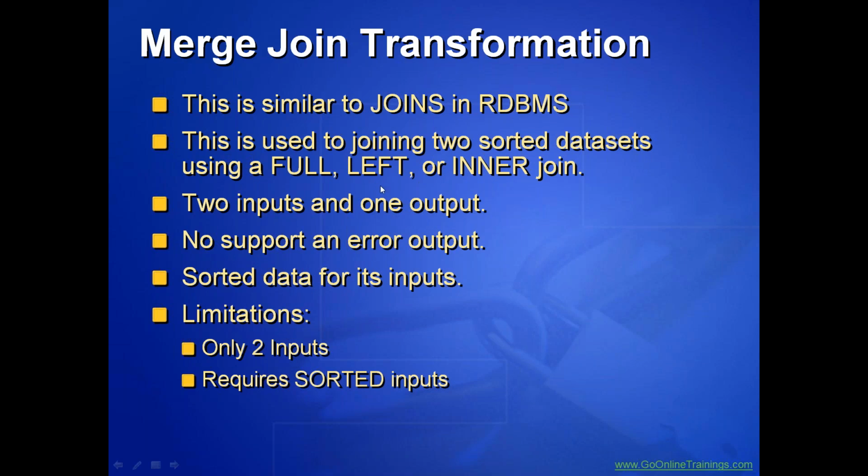You need to tell them that since we have only two inputs, A comma B or B comma A doesn't matter, so you can interchange. So because of that, we did not have a right here. Clear? So two inputs and one output, no support of error output, no red pipe there. Sorting is required, only two inputs require sorting. That's it. Am I clear?